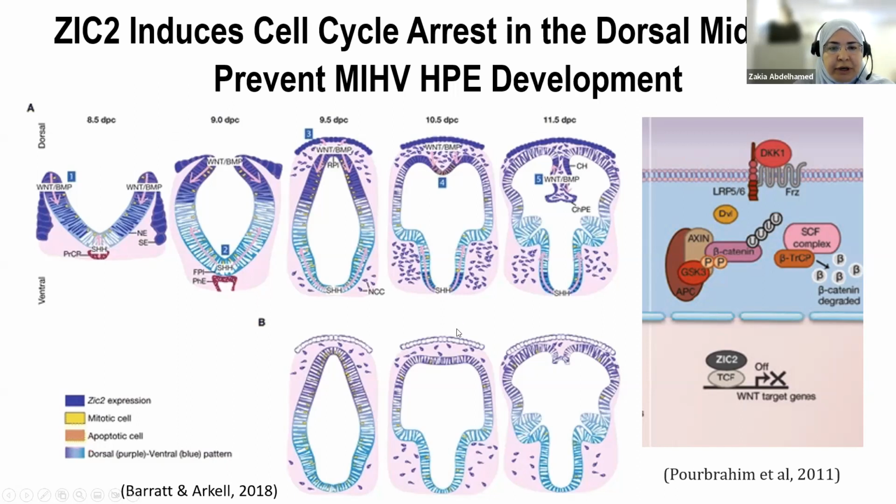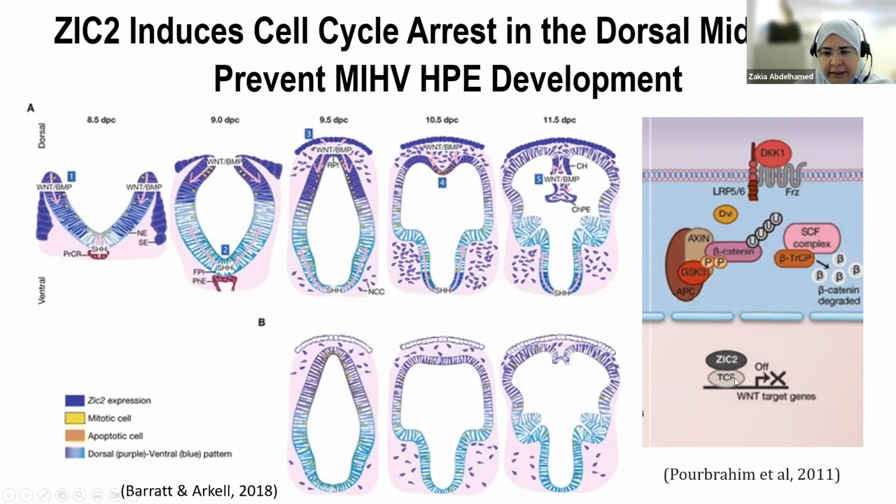This is needed for the mesodermal cells or the migrating neural crest cells coming from the hindbrain to fill the gap here, and later form the meninges and the falx cerebri, and also the head mesenchyme. Everything will be deficient if ZIC2 is mutant, and if this step doesn't happen from the beginning, there is cell cycle arrest and reduced proliferation.